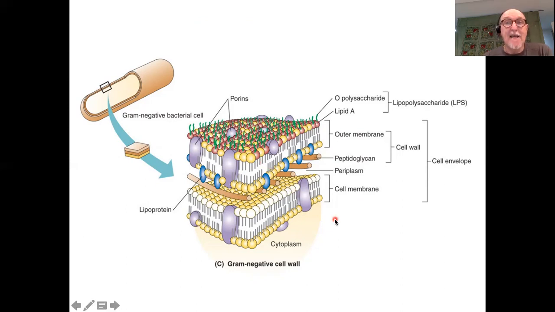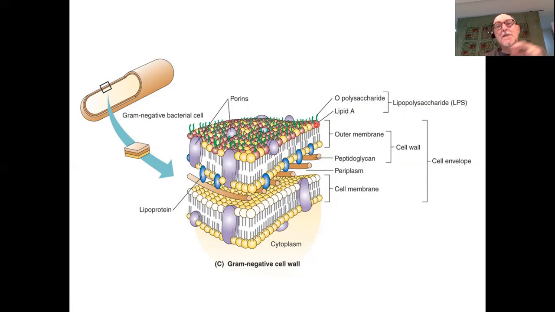And it does have phospholipids in it, but it also has various other substances, and especially in this outer sheet here, it has these substances called lipopolysaccharides. So in other words, they're lipid tails, but they have polysaccharide heads. And they have another lipid associated with them called lipid A.